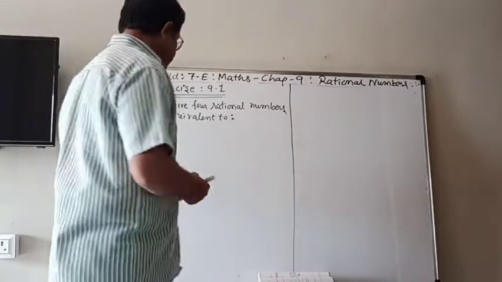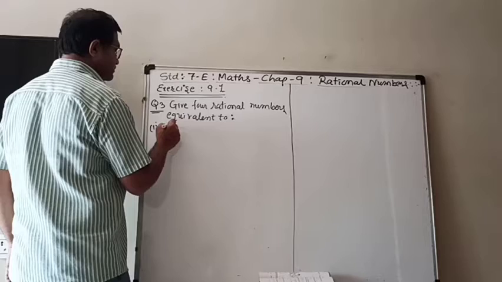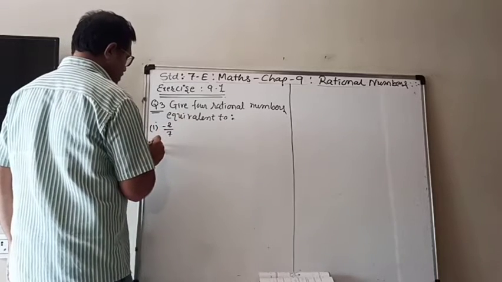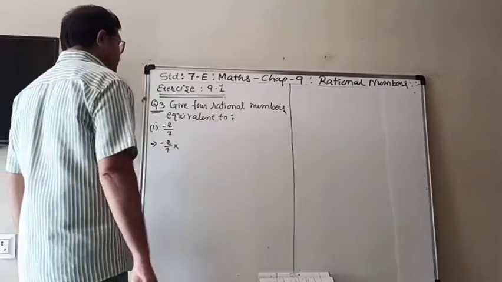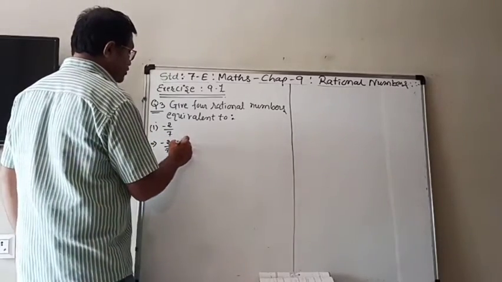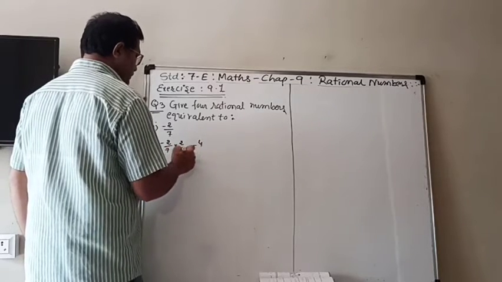So let us start with the first one. First one is minus 2 upon 7. Now minus 2 upon 7, you can multiply by 2 upon 2. That is minus 4 upon 14.